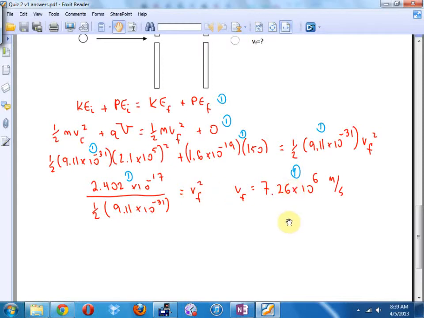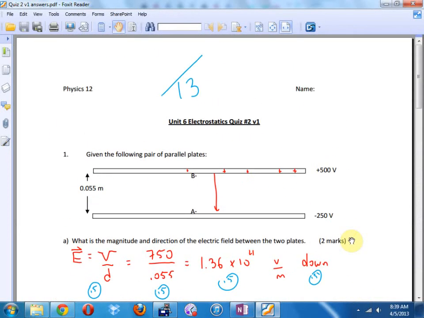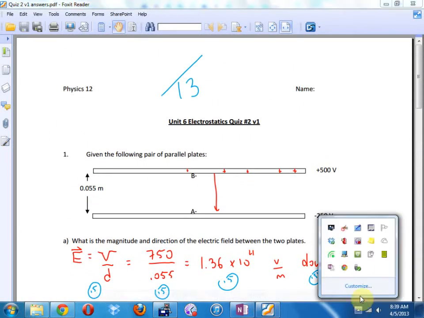So I think you get 7.26 times 10 to the 6 meters per second? Yes? So, can you give yourself a lovely score out of 13?